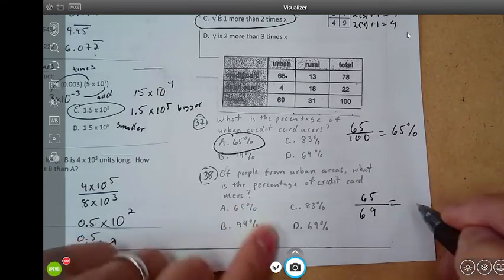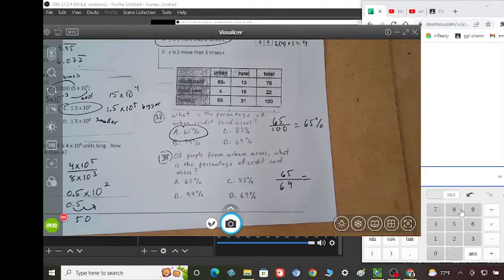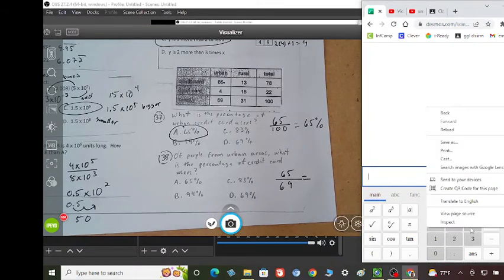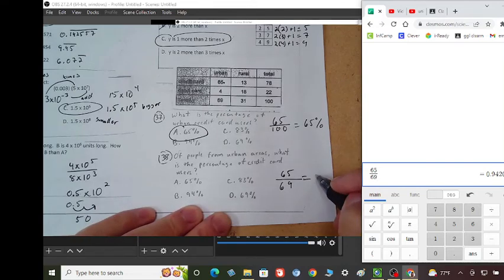So it's going to be a pretty high percentage here. I think it's going to be B or C. Let's do 65 divided by 69, which is 94%. So 0.94. That would be option B.